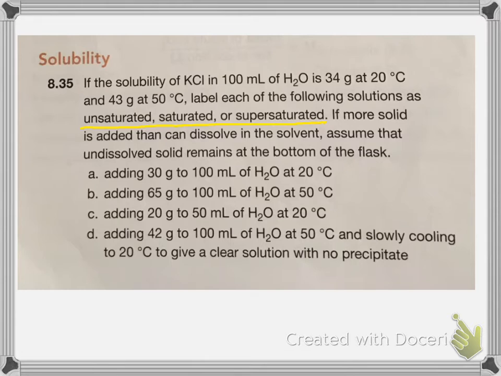So in terms of qualitative, let me change colors, it's hard to see. If I was describing qualitative, very simply, I would say if it all dissolved, I would think that that solution is unsaturated.